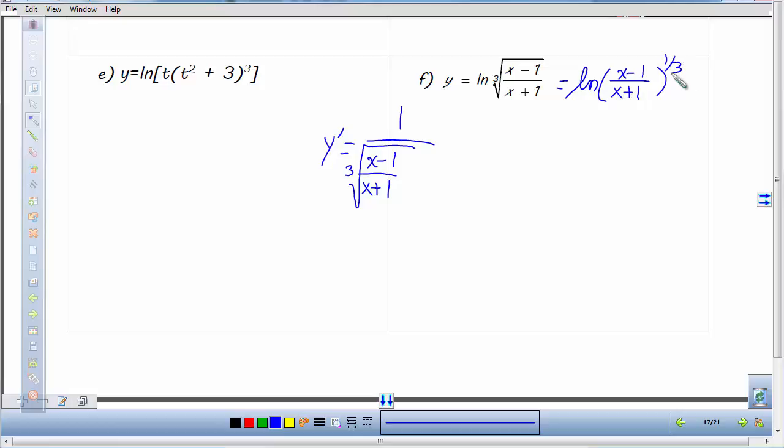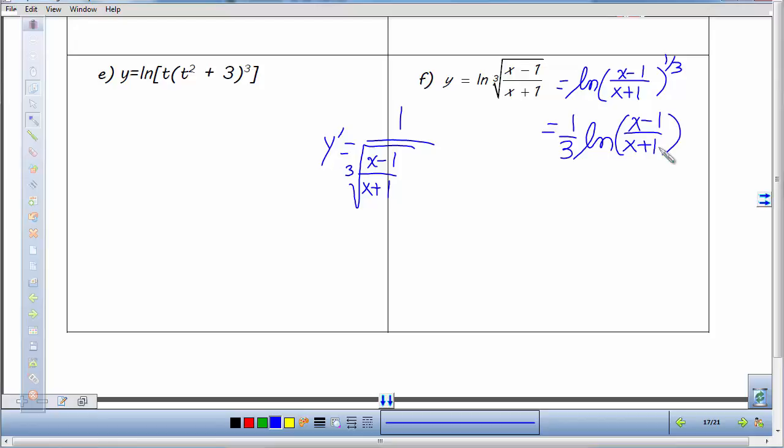Now, before I go on, is there something else I may do that might help me a little bit? Pull out the 1/3, right? We can use those algebra rules that we just talked about. This is still 1/3 times the natural log of x minus 1 over x plus 1.